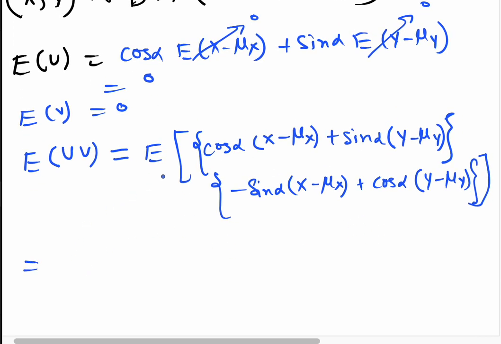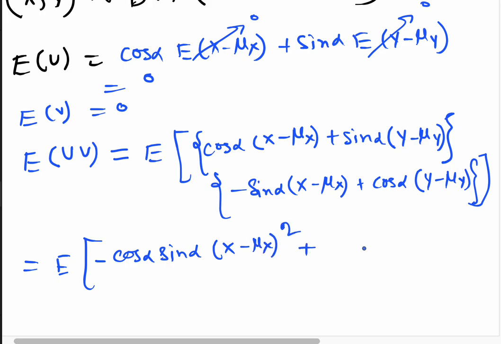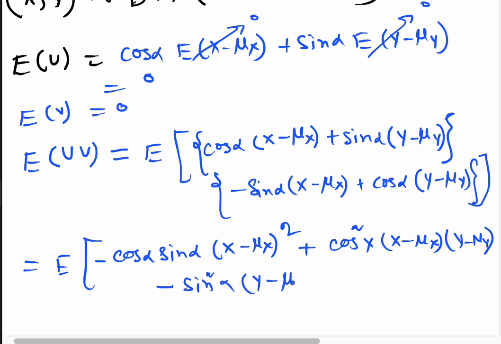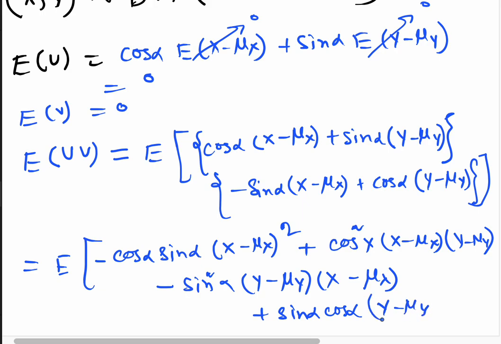Expanding, the expectation of minus cos alpha sine alpha (x minus mu x) squared plus cos square alpha (x minus mu x)(y minus mu y) minus sine square alpha (y minus mu y)(x minus mu x) plus sine alpha cos alpha (y minus mu y) squared.